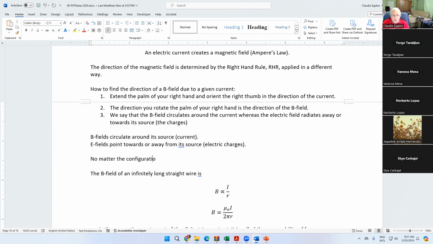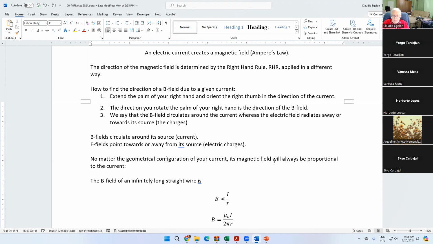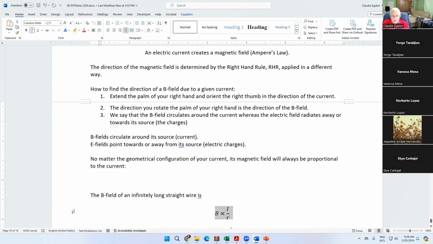No matter the geometrical configuration of your current, its magnetic field will always be proportional to the current. It's going to be something like that.